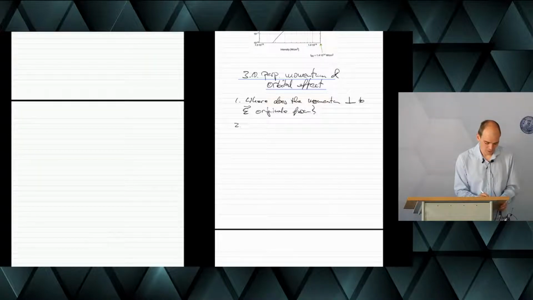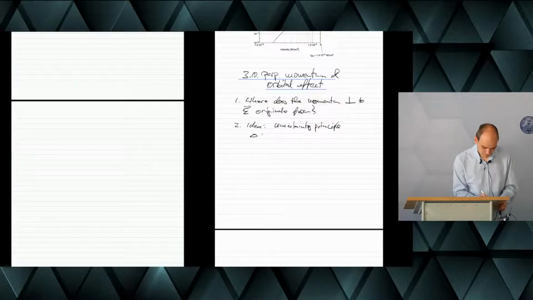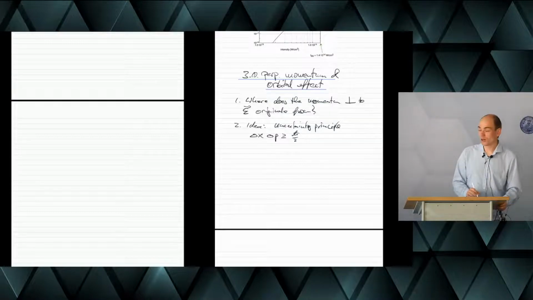And then our idea was on the uncertainty principle: delta x times delta p is larger than h bar over 2.